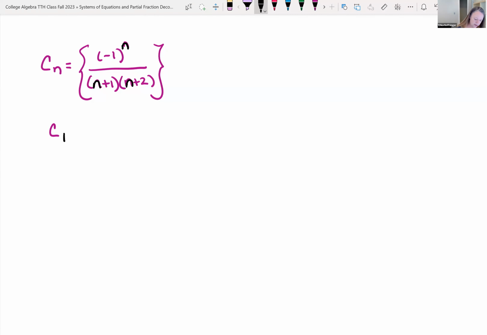And so c sub 1 is going to equal -1 raised to the first power, all divided by 1 plus 1 and 1 plus 2. So simplifying, -1 raised to the first power is -1, all over 1 plus 1 is 2, and 1 plus 2 is 3. So 2 times 3 in our denominator gives us 6. So our first term of the sequence c sub n is -1/6.